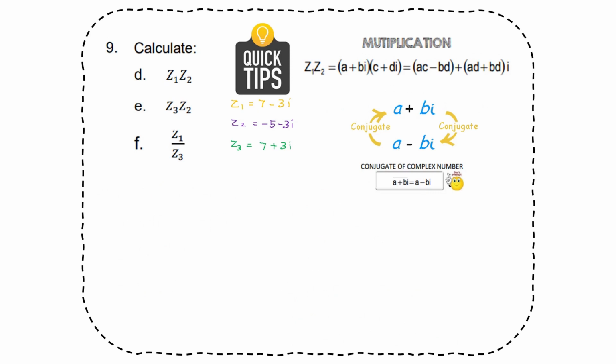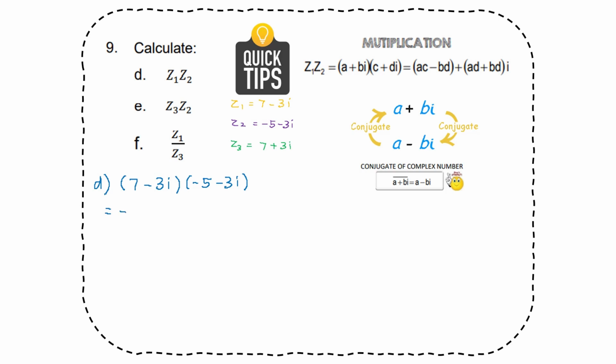For question 9, D, E, F is referred to multiplication and division. So here the answer for question D will be: your Z1 is 7 minus 3i, and Z2 is negative 5 minus 3i. We have to expand these two brackets.